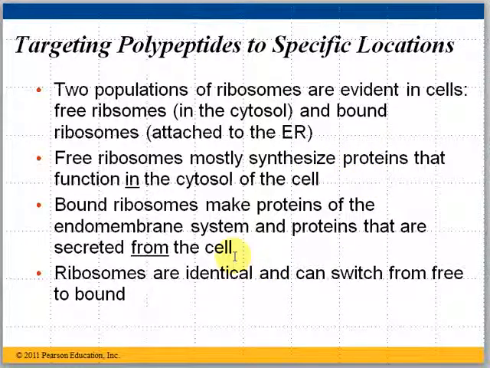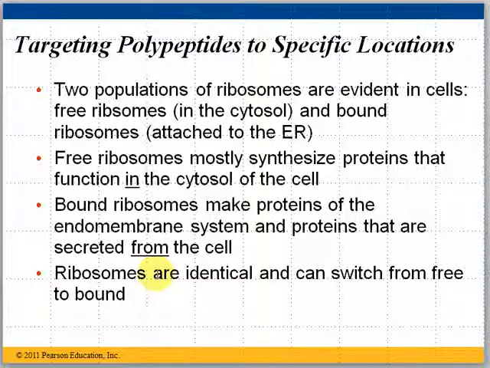But if it's a protein that needs to be secreted from the cell and sent off to a different cell or a different part of the body, well, it's probably going to be made by one of these bound ribosomes that's attached to the endoplasmic reticulum, because then that amino acid chain, that polypeptide chain, can be passed on to the ER, the Golgi apparatus, and it can be modified and put into a vesicle and sent out of the cell.